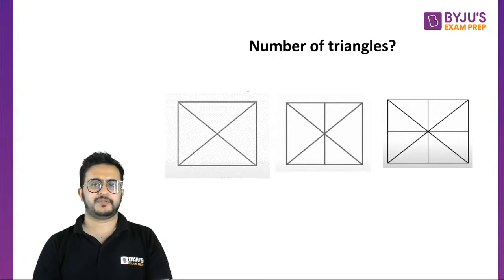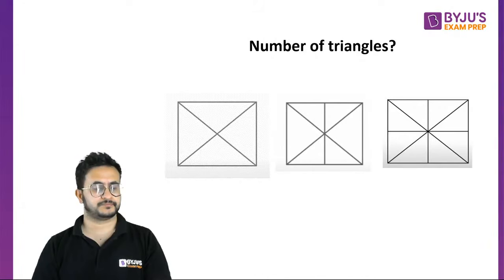Okay. Now if you are given a diagonal in a rectangle, how to find the number of triangles in that? How many triangles are in this figure, this figure, this figure? There's a very easy way to find the number.